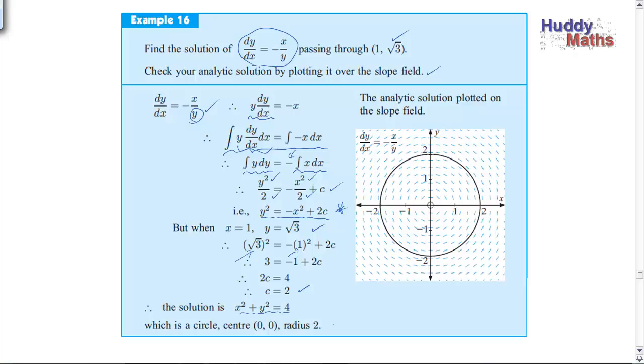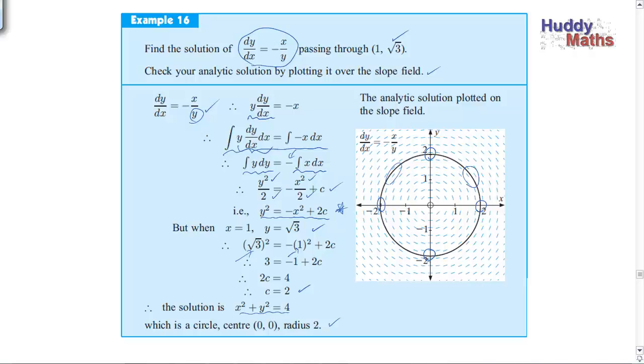So that's a circle, centre 0, 0, and radius 2, as we discussed way back. And so you should make sure these go through 2. If you recognise the function, you should use that. And then just make sure you don't go over any slope field lines or little tangents drawn there.